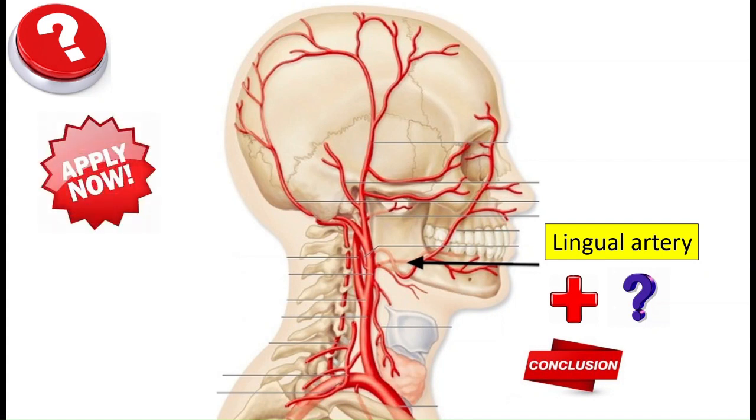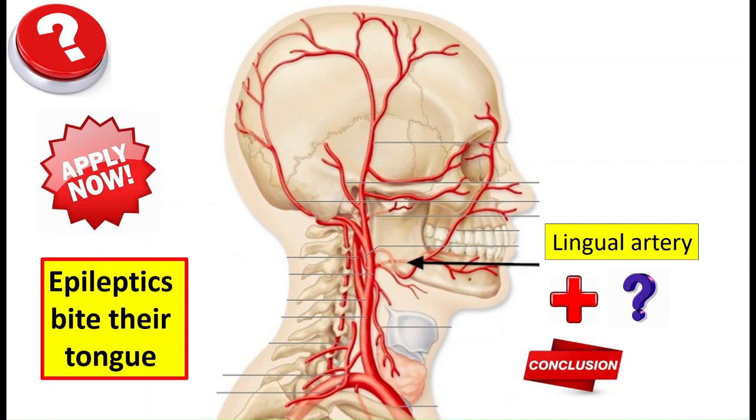Now, in the future, where are we going to face this fact? Trauma, of course, is one. The second is epileptics. People with epilepsy have tonic and clonic contractions of muscles, including the muscles moving the mandible, and they may bite their tongue, and it is going to bleed a lot, or they may even cut part of their tongues.